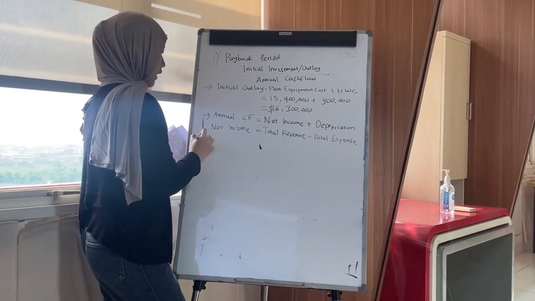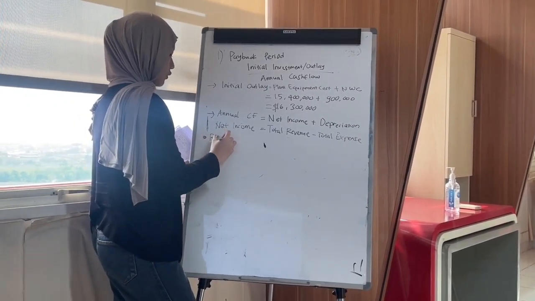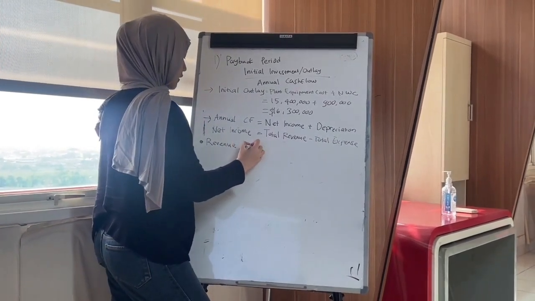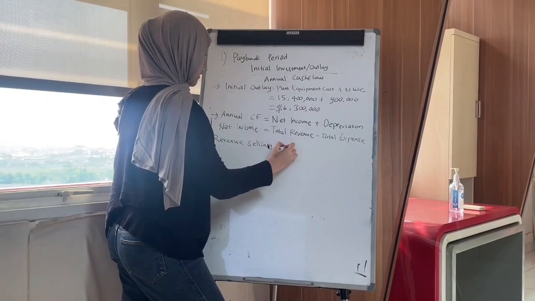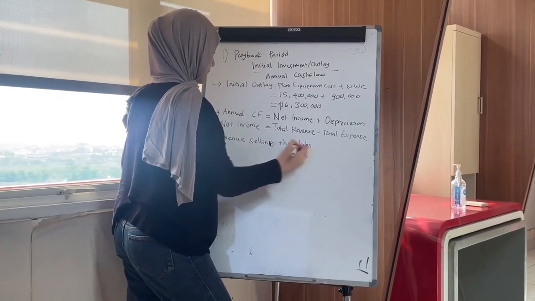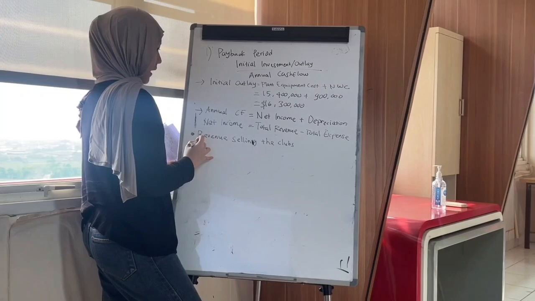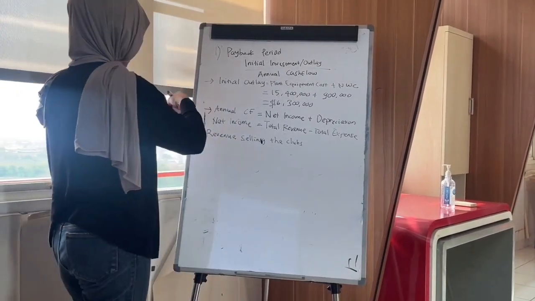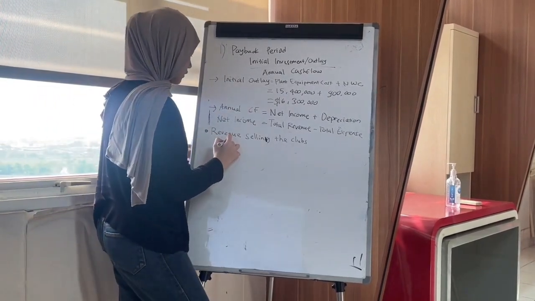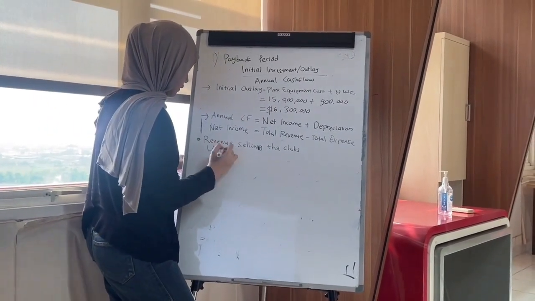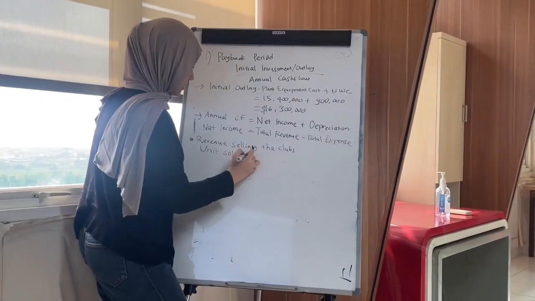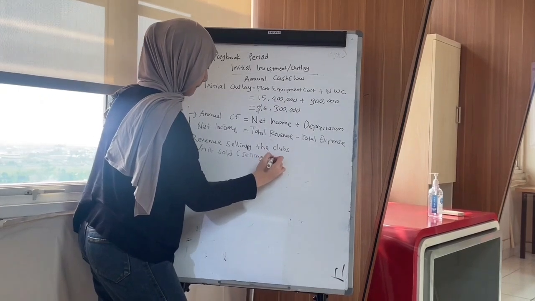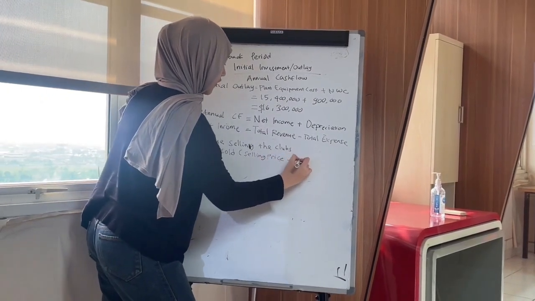First, we calculate the revenue from selling the clubs. The calculation is units sold times selling price minus variable costs.